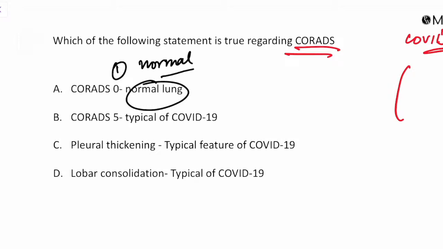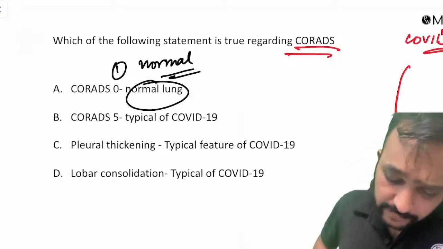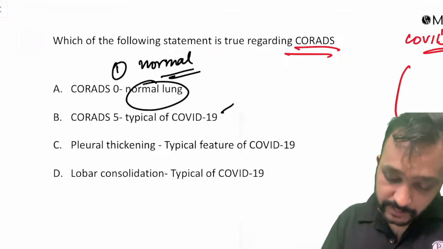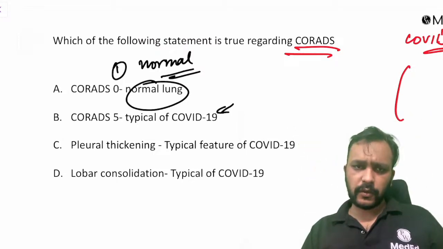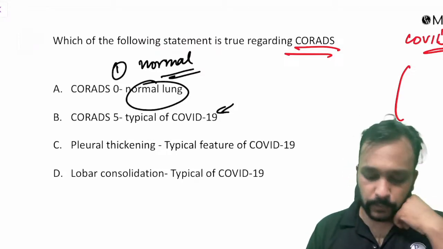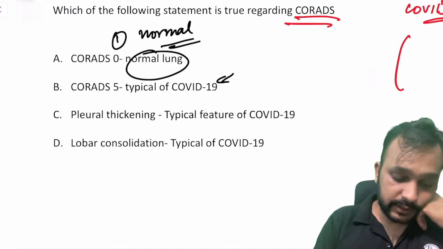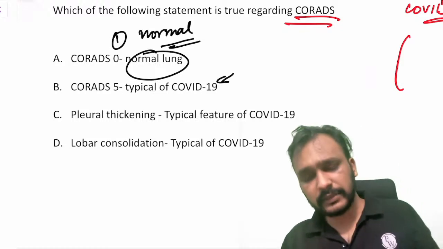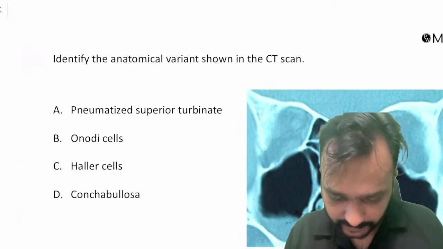So the first option is ruled out. Talking about CORADS 5, CORADS 5 is typical of COVID-19 infection, right? Talking about pleural thickening and lobar consolidation, these are not features of patients with COVID-19 infection.